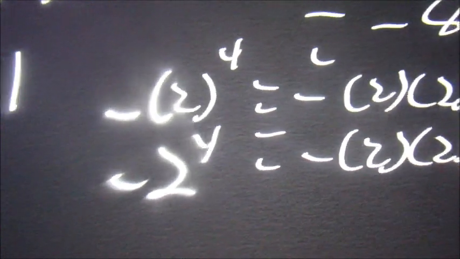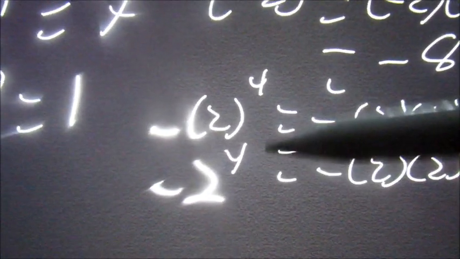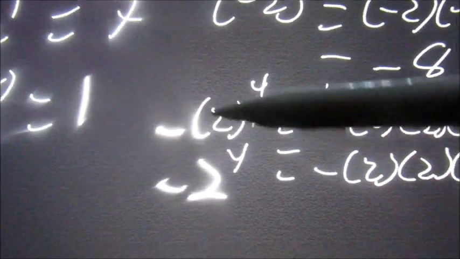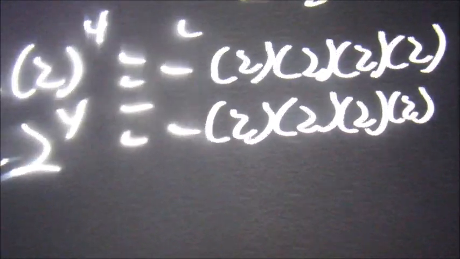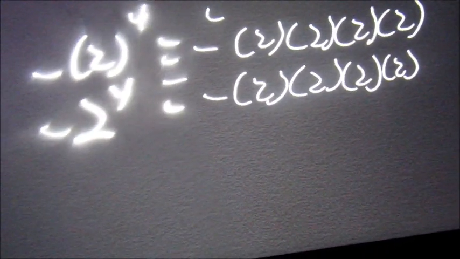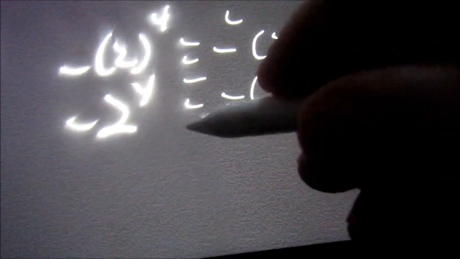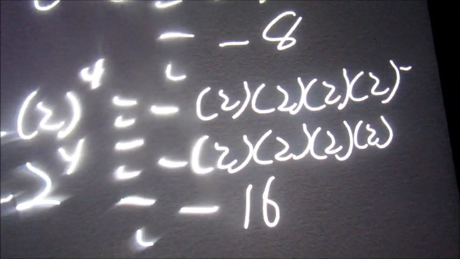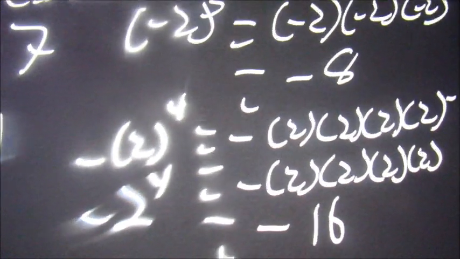It's 2 multiplied by itself 4 times. Do not say 4 times 2 on this. So the answer to both of them is going to be negative, because there's only one negative, and it's going to be 16. 2 times 2 is 4, times 2 is 8, times 2 is 16.